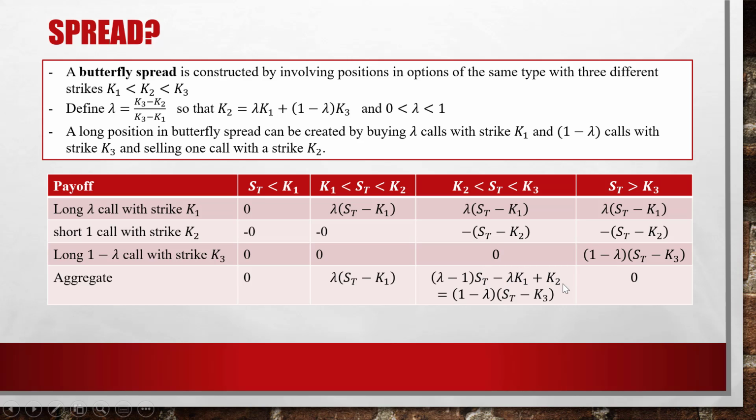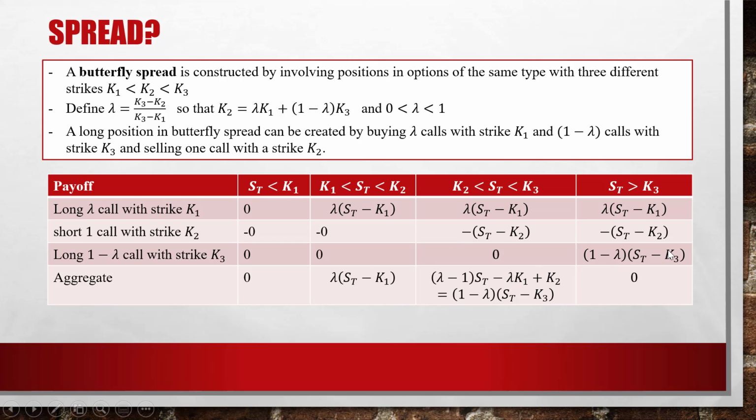And then don't forget one more thing, the relationship between K2, K1, and K3. Remember, K2 is lambda K1 plus (1 minus lambda) K3. So K2 minus lambda K1 is (1 minus lambda) K3. So the last 2 terms here make up (1 minus lambda) times K3. And then factoring 1 minus lambda outside, we got (1 minus lambda) times (St minus K3). So this is the payoff for the third case.